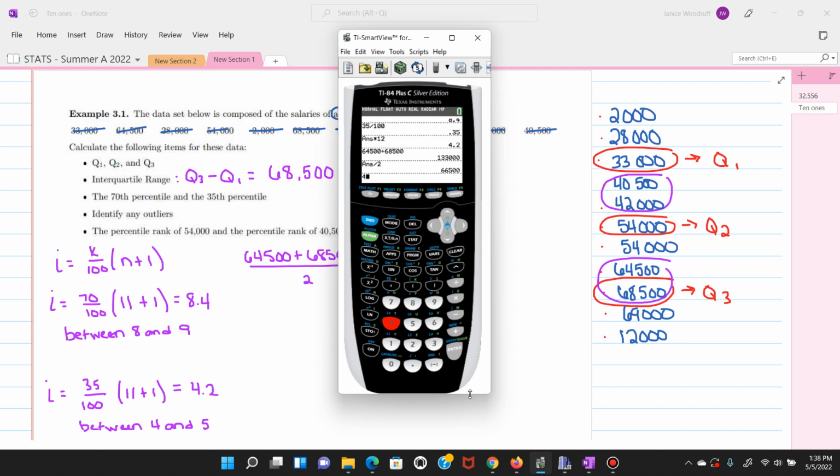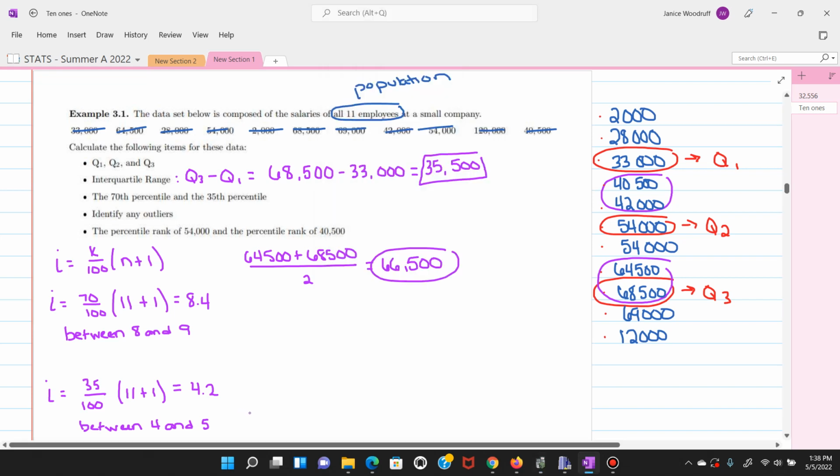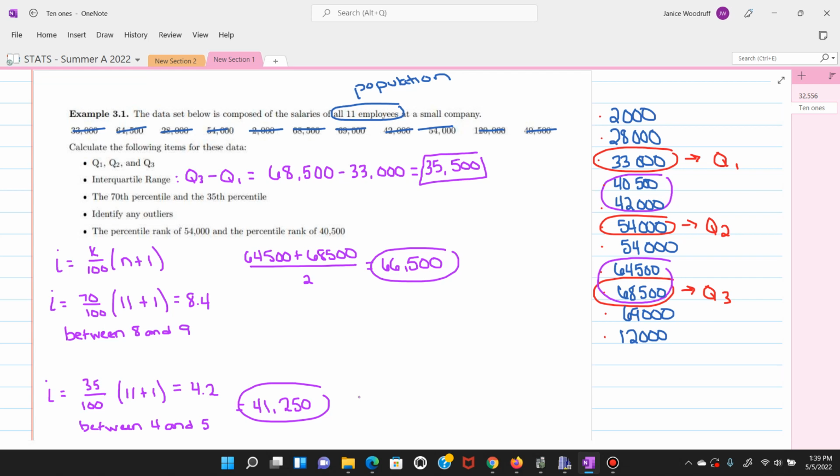So 40,500 plus 42,000 divided by 2 gives us 41,250. Okay, so that's going to be your 35th percentile. Again, not an actual salary. It's just a separator saying this is the bottom 35%. Above that would be the top 65%.